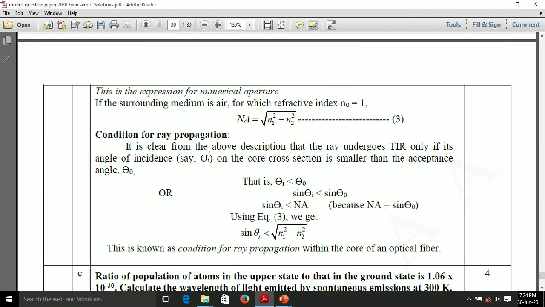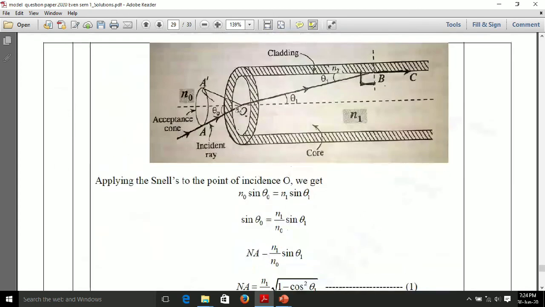Condition for ray propagation to be described. It is very simple that angle of incidence should be smaller than the acceptance angle at the cross section of the core, that is at this point. Theta naught is the acceptance angle. Any light ray that enters into the core with the angle of incidence smaller than theta naught can undergo total internal reflection at the core clad interface.